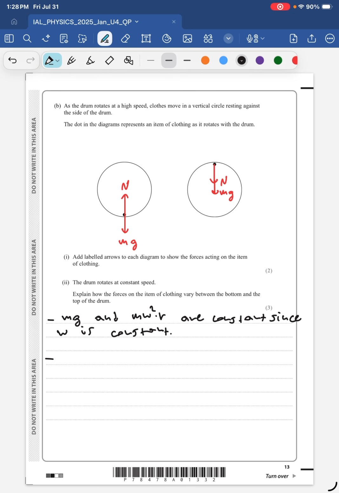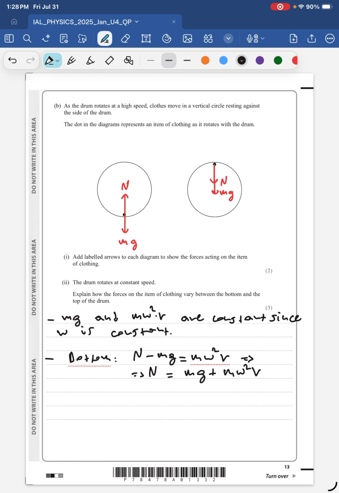Okay, so let's analyze what's going on at the bottom. We have the reaction force minus M times G must be equal to M omega squared times R. So the reaction force N is equal to M times G plus M omega squared times R. So it's very strong.